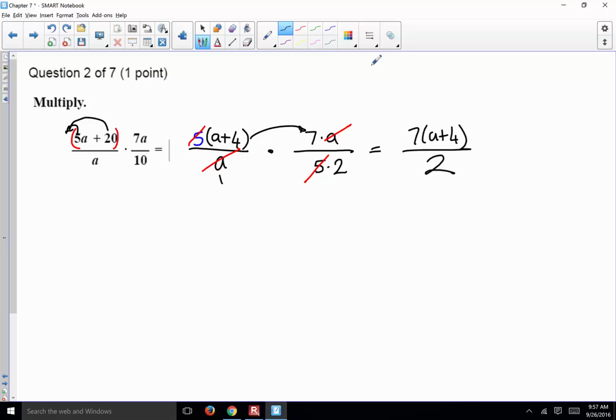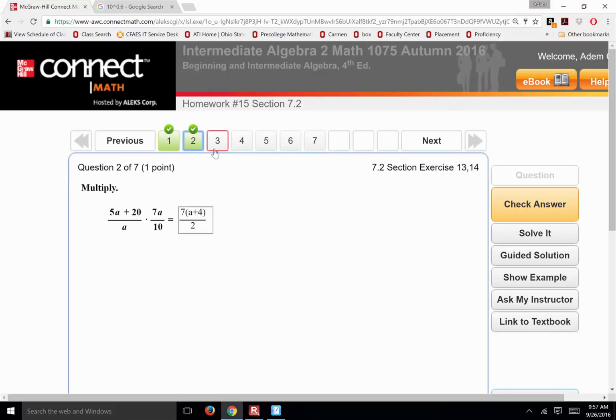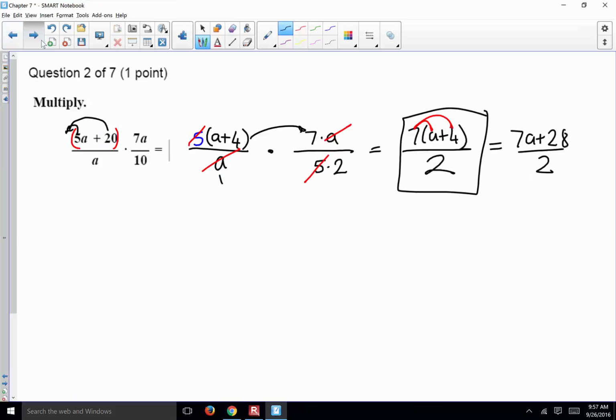And this is it. If you wish, you can multiply literally these two and make it as 7A plus 28 over 2. Because 7 times A is 7A, 7 times 4, 28. This is also acceptable. Okay? But this is where you need to stop, where you can stop. Alright, ready for the next question.